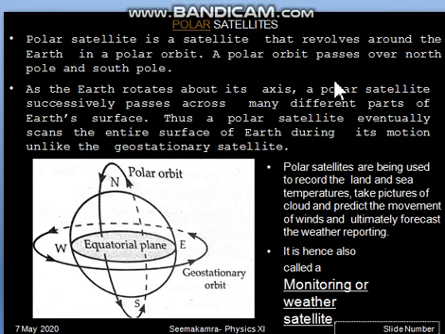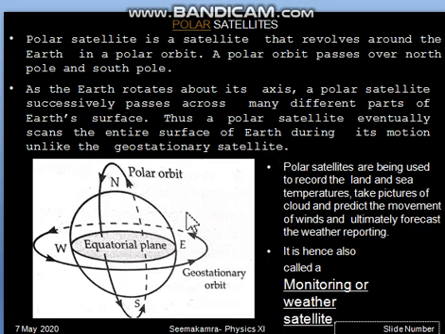So you must have understood that as the Earth rotates about its axis, a polar satellite successively passes across many different parts of Earth's surface. Thus, eventually it scans the entire surface of Earth during its motion, which was not possible with the geostationary satellite.